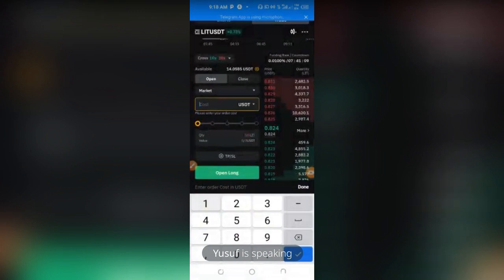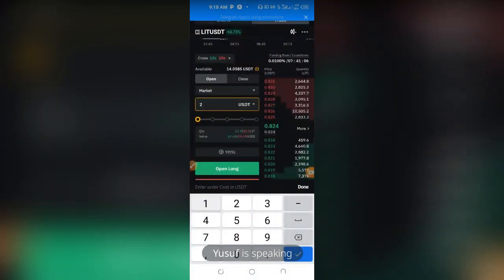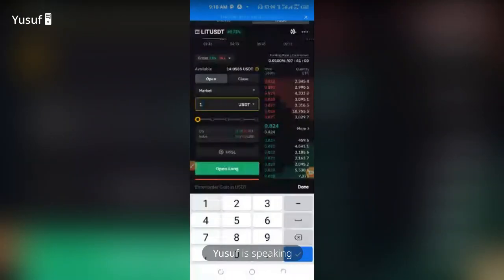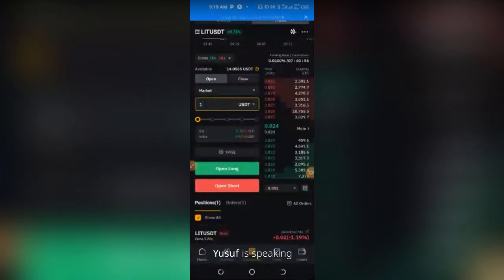Let's say I want to use another $2 or $1 for a long trade. If I want to set my TP before or after, like I said, you can do it anyhow. Let's say I set it after now. I've set before earlier.